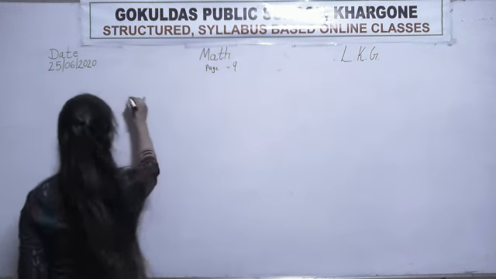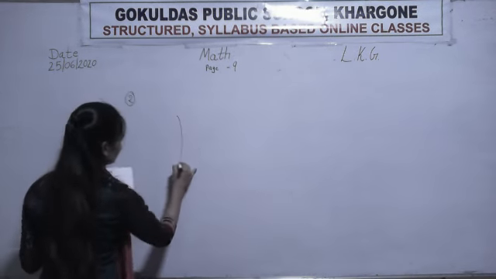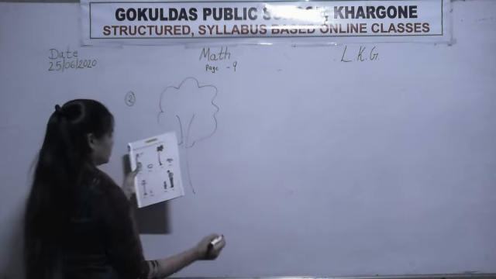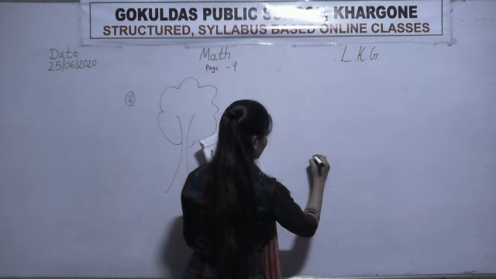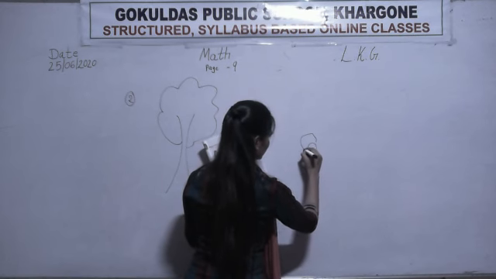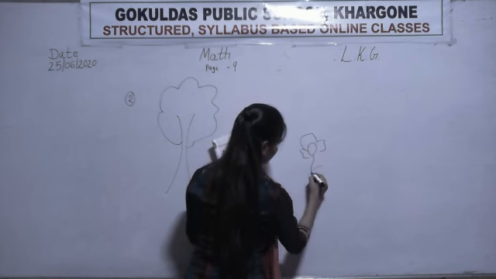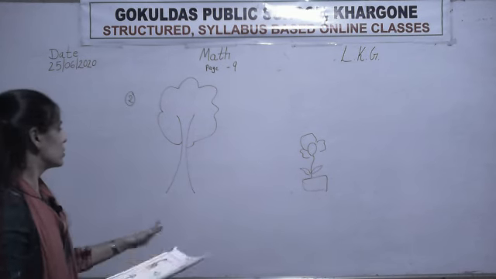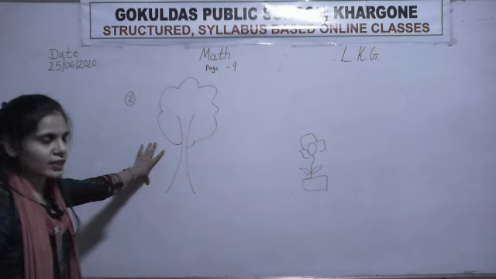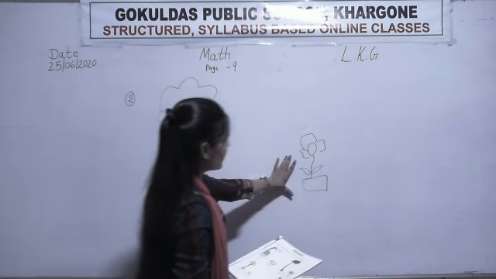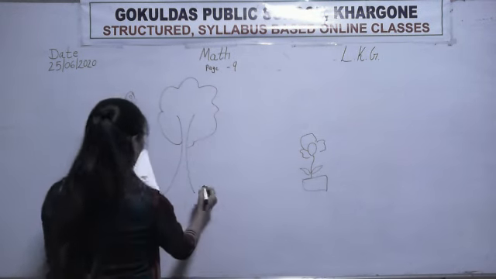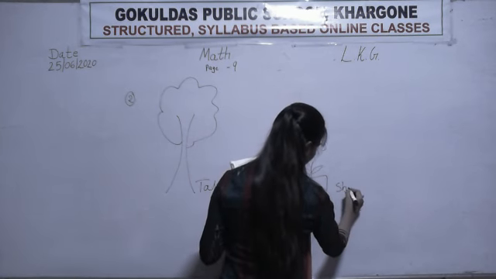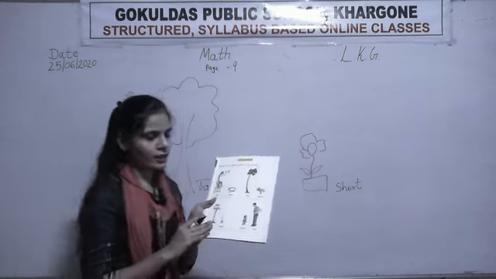Second example is, okay. So the tree is very tall and this is a small plant. So this one is tall and this one is short.